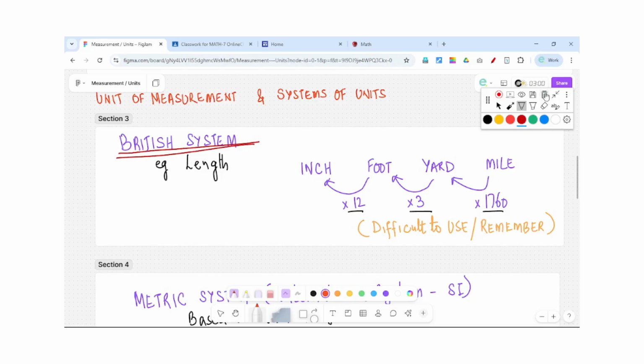In that British system, if we consider the property of length, the units are inch, foot, yard and mile.